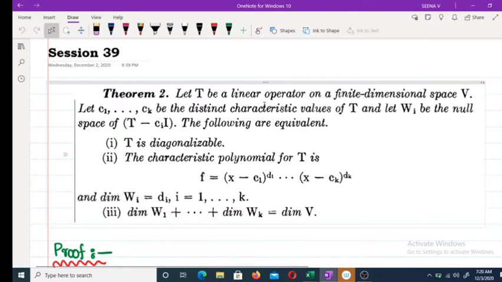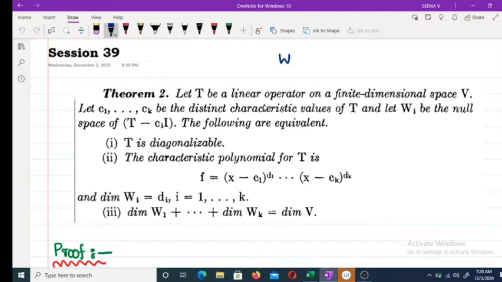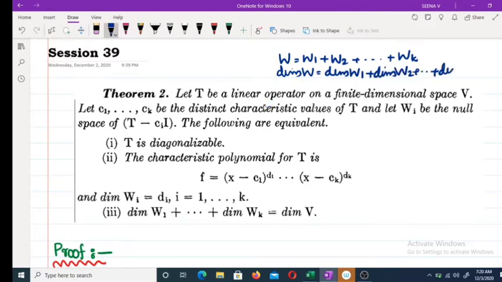If W is equal to W1 plus W2 plus etc. plus Wk, then our lemma says that the dimension of W is equal to the dimension of W1 plus the dimension of W2 plus etc. plus the dimension of Wk. Okay, this is our lemma.